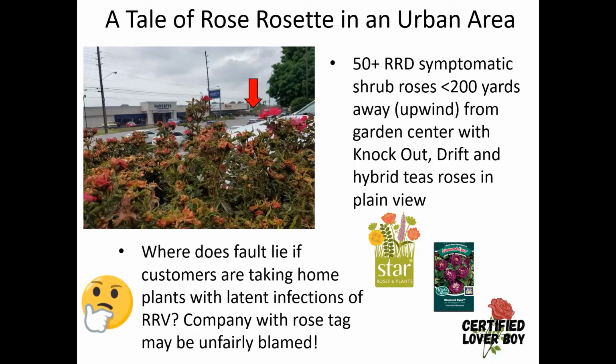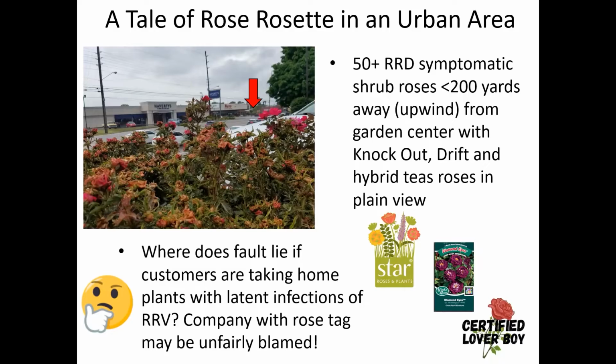Now, that's a very large garden center. They had roses from Certified Roses, from Weeks, and from Star Roses. And here's the problem. So the mites blow from these infected bushes to those. They spread the virus, but it may be 6 months to a year before those plants are symptomatic. But they've got the company's tags on them.